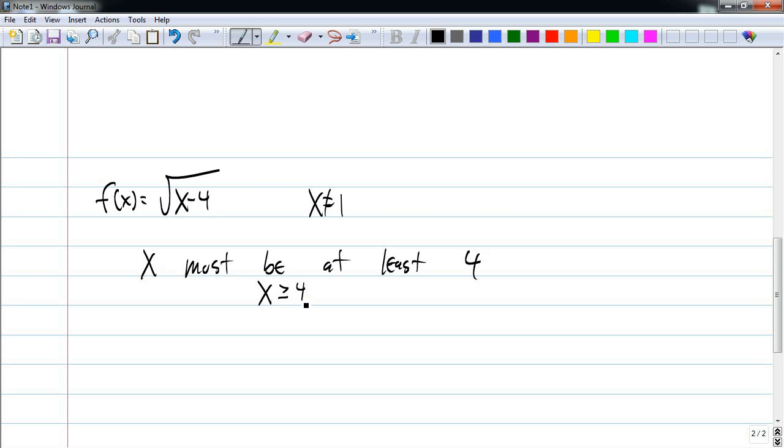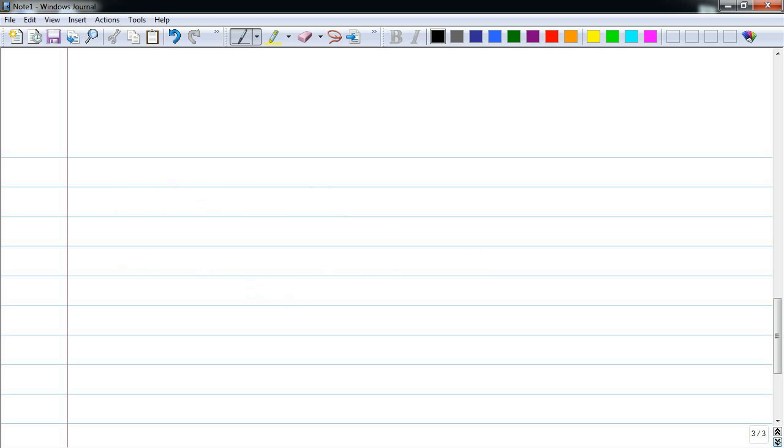Typically when you were asked questions like this in the past, you would answer them one of these two ways, either with a sentence or with an inequality. I'm going to show you another way that is an interval, and it's a really slick method. So, I'm just going to write down some examples of intervals, and we can talk about what this means.